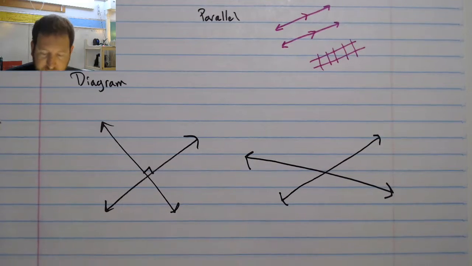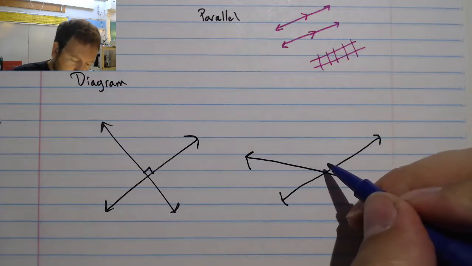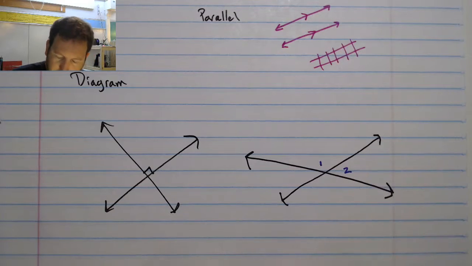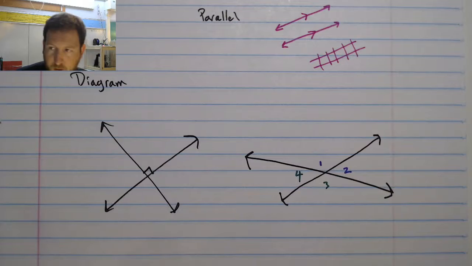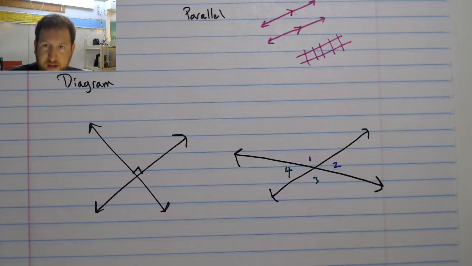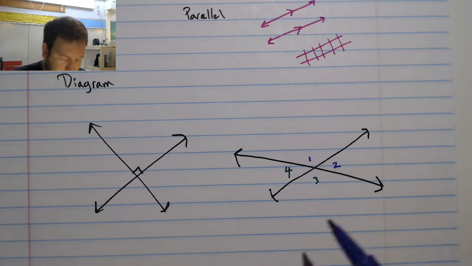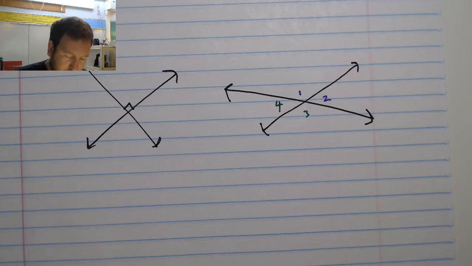If I do this, I can see that I would have 1, 2, 3, and 4 total angles. And what I can do is I can have adjacent angles and vertical angles. So let's write our little definition for what those are below.